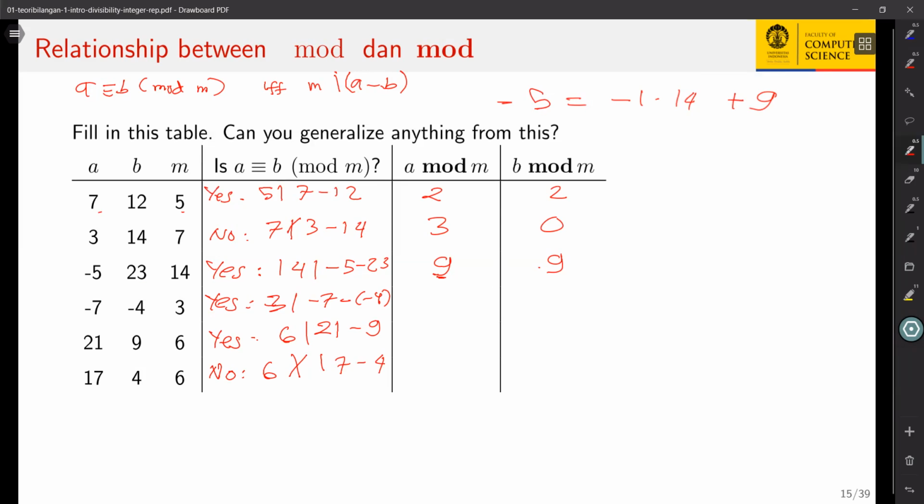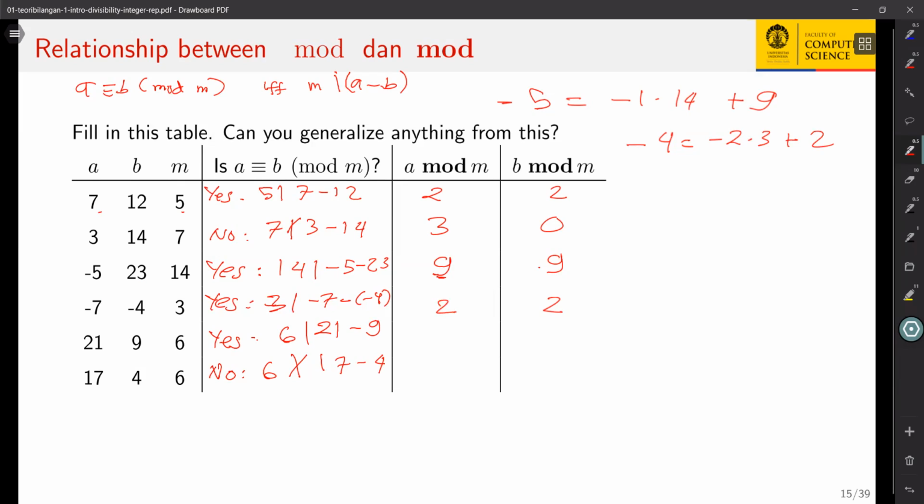So yes, the remainder is 9. So how about this one? I think it should be 2, right? Because of course minus 4 is minus 2 times 3 plus 2. So this is also 2.